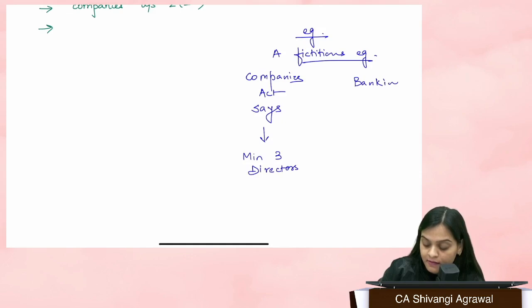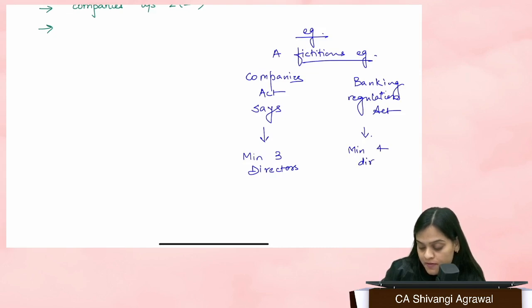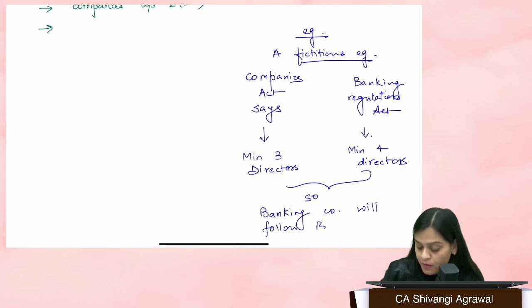Banking Regulation Act says minimum 4 directors. So, a banking company will follow Banking Regulation Act. Do you get my point?